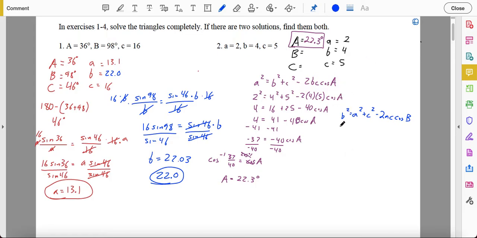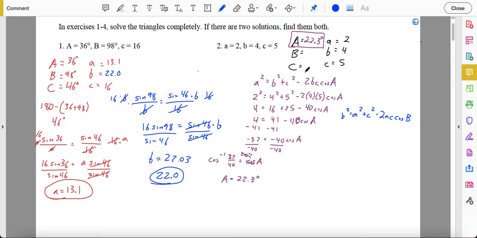So now substituting in. Now, pause for a moment. Some of you might be wondering, why aren't we using the law of sines? We have a complete set. Now we can use the law of sines. On some occasions, the law of sines will lead you astray here.